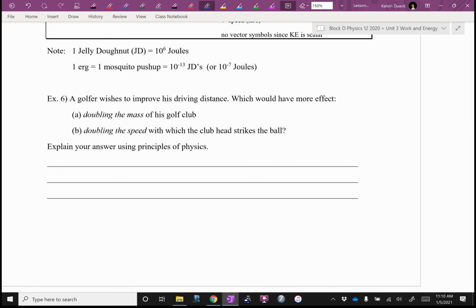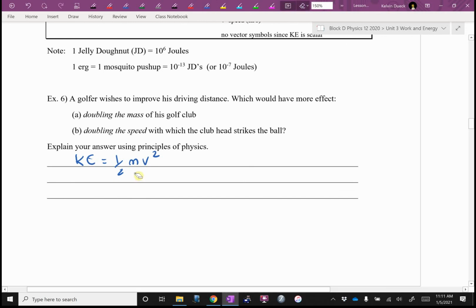That's a good question. Well, kinetic energy, which is what we're talking about here, is equal to a half mv squared. A half mv what? Okay.